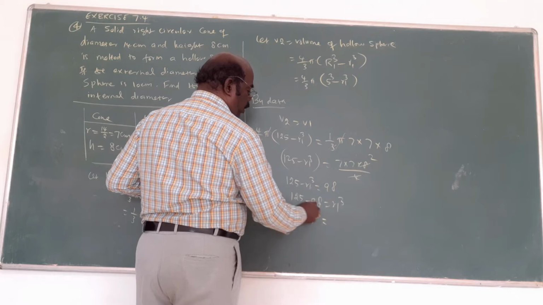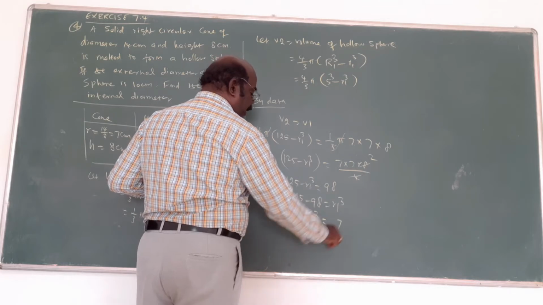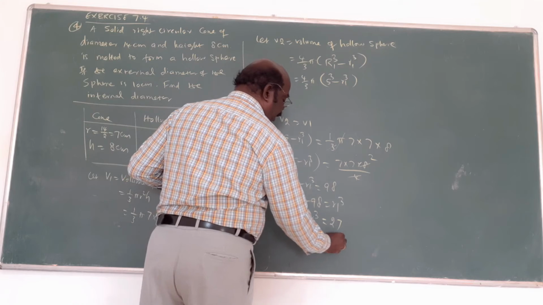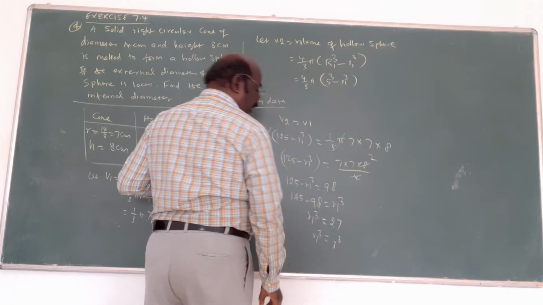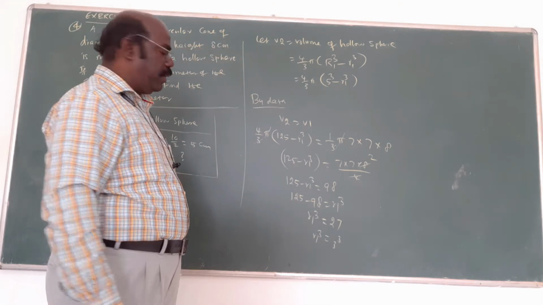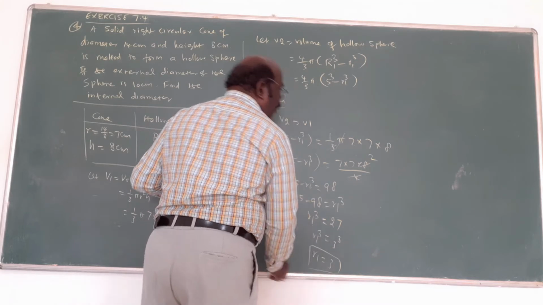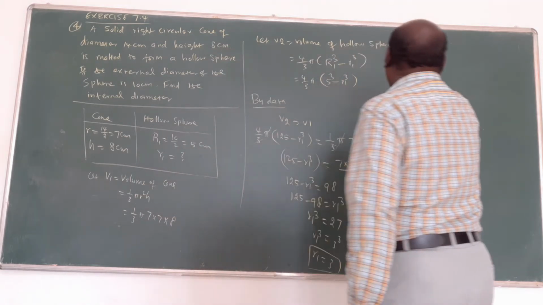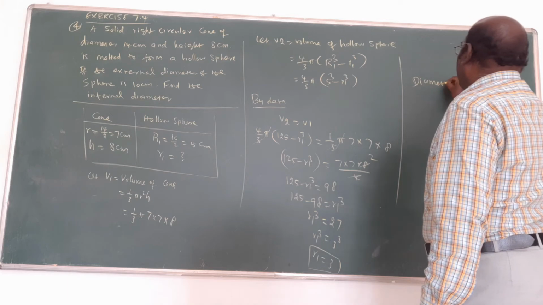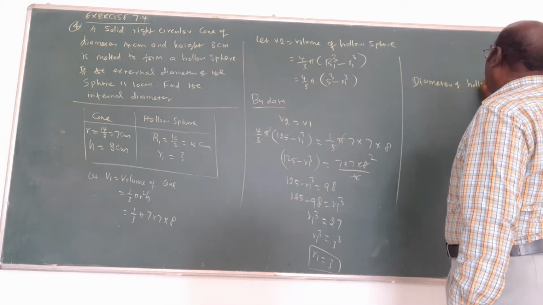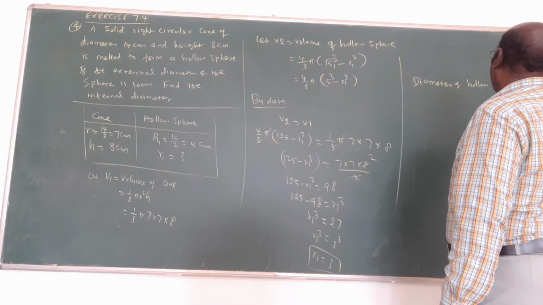R1 cube equal to, subtract, 27. The 27 is 3 cube. 3 3s are 9, 9 3s are 27. Cube cancels. R1 equal to 3. But what is asked? Diameter of hollow sphere only is asked.